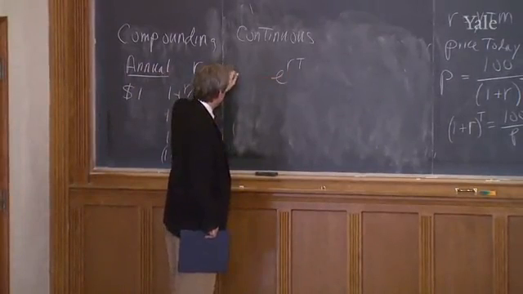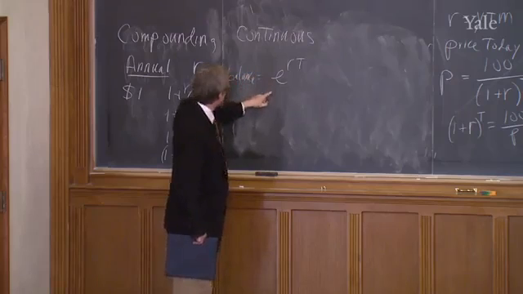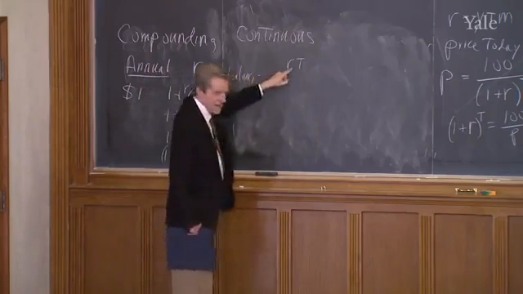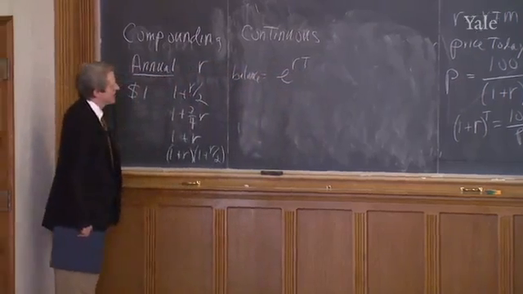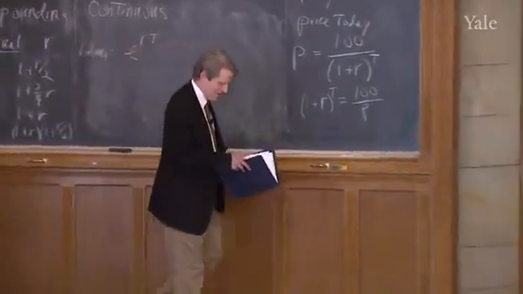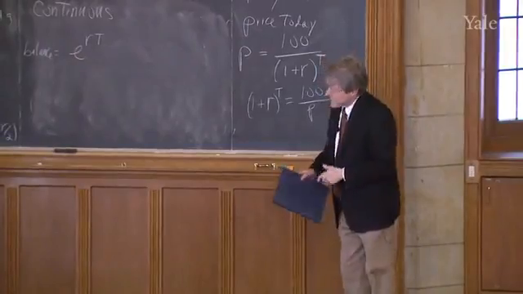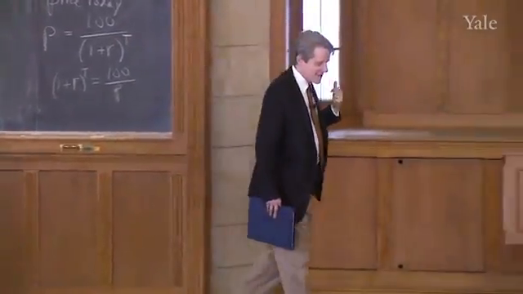So your balance equals the initial amount, $1, times e to the RT. That's continuous compounding.